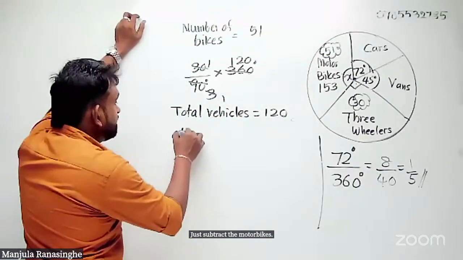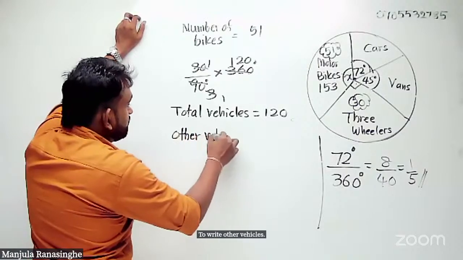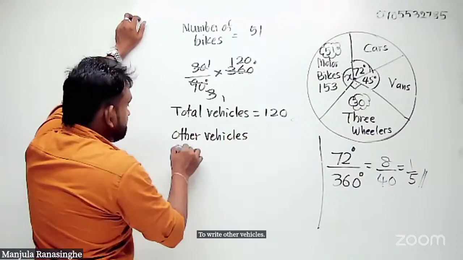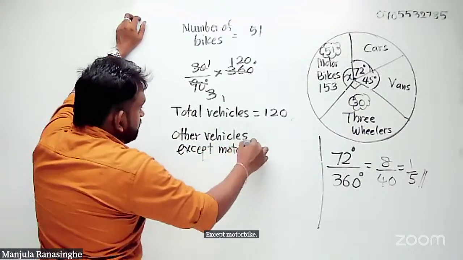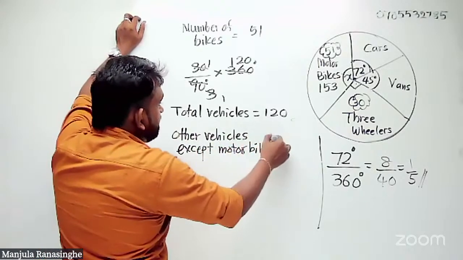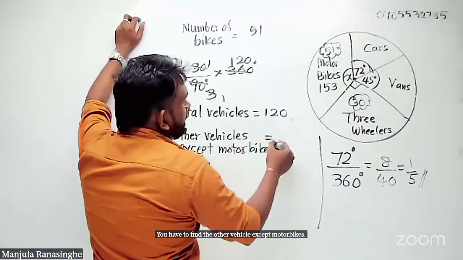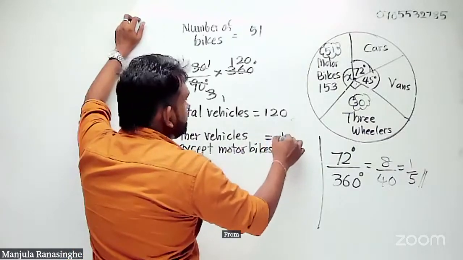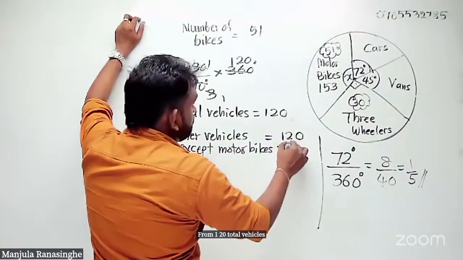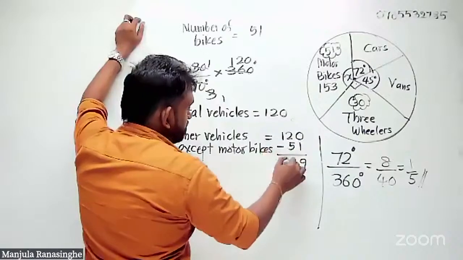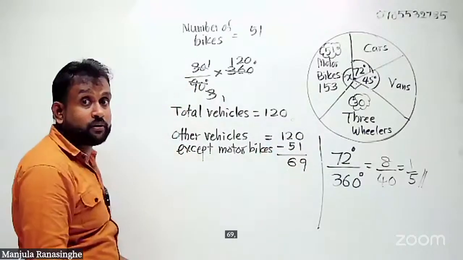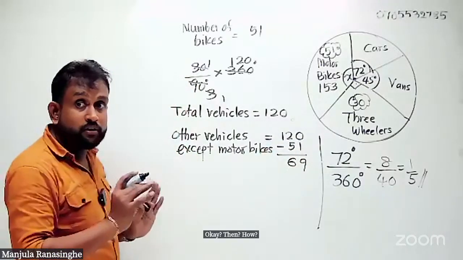You write other vehicles except motorbikes. So to find the other vehicles except motorbikes, from 120 total vehicles, subtract 51. That gives 69 vehicles.